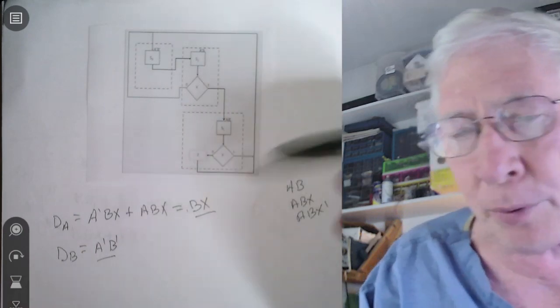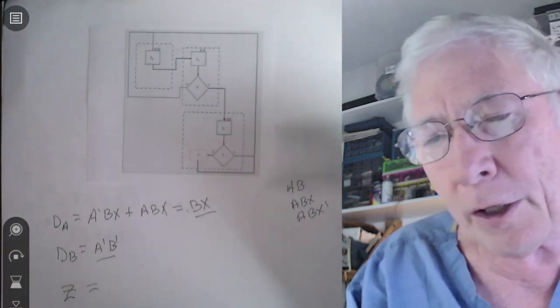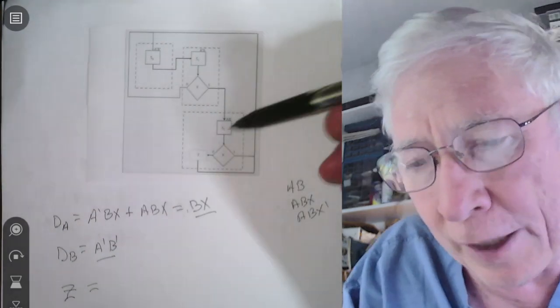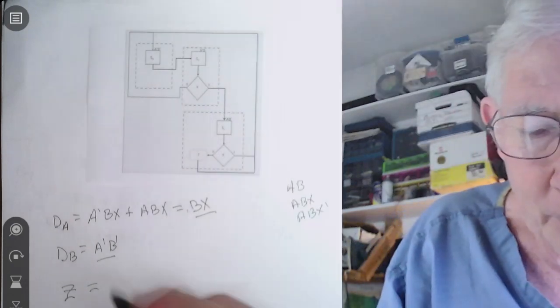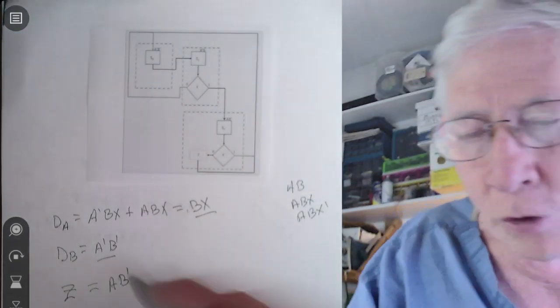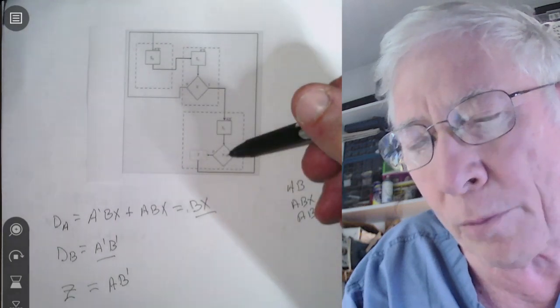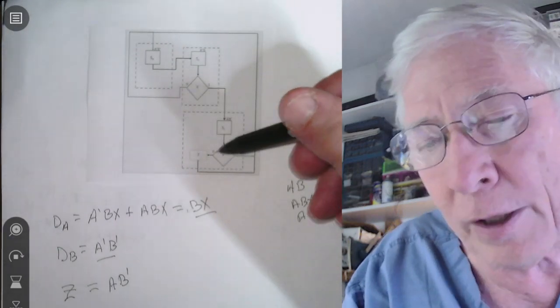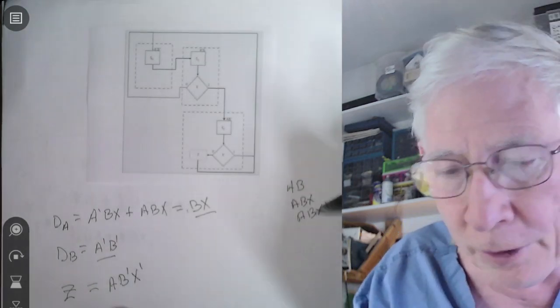Now, what about our output Z? Well, because this is a Mealy output, it depends not just on our state, which in this case is S2, and that would be A B prime, but it also depends on the next X. In this case, it would be when X is equal to 0, and therefore it's X prime. Now, can we help this?